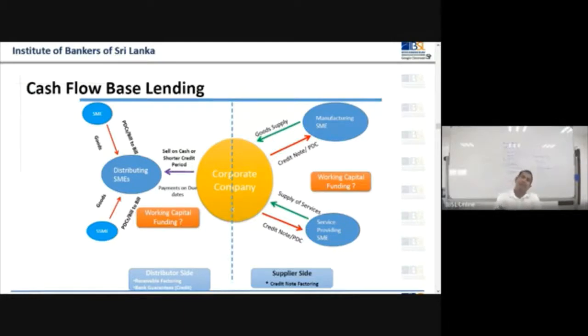Then the same way, I will come and say, I am a supplier to DSI. I have done this order, 1 million worth. After a month, DSI will pay directly to the bank account. This is the agreement from DSI to pay this 1 million, all their payments to your bank account, my bank account with you.